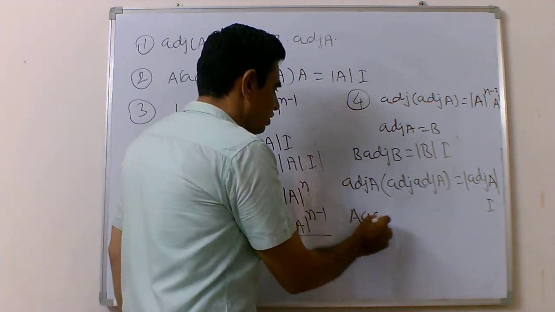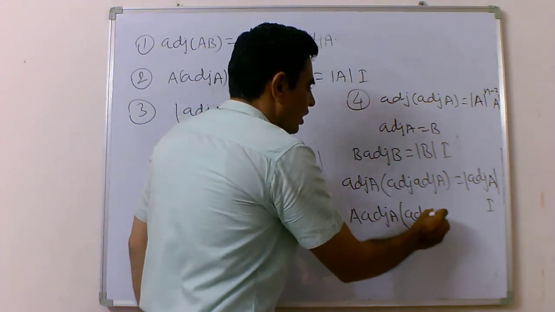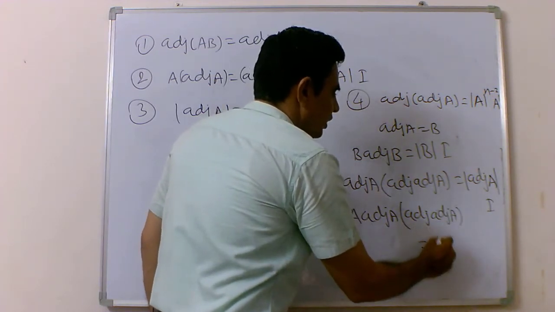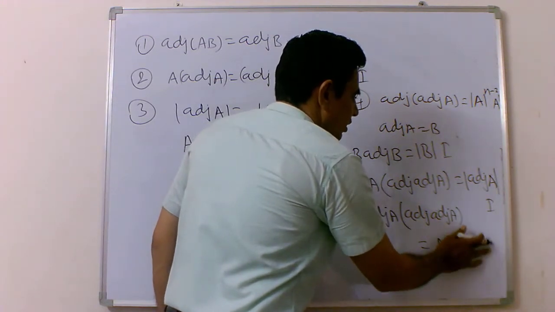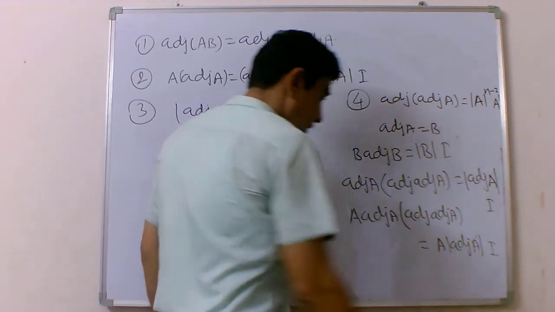A into adjoint of A into adjoint of A is equal to A into determinant of adjoint of A into I.